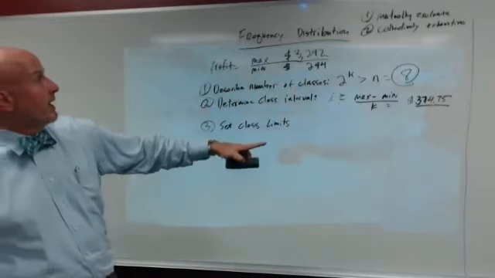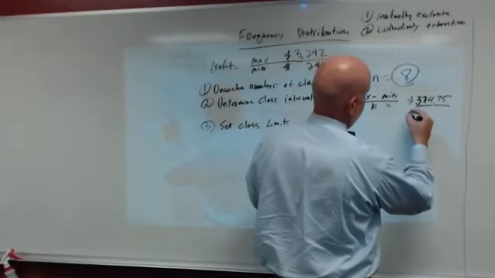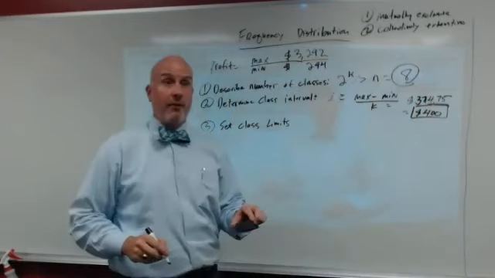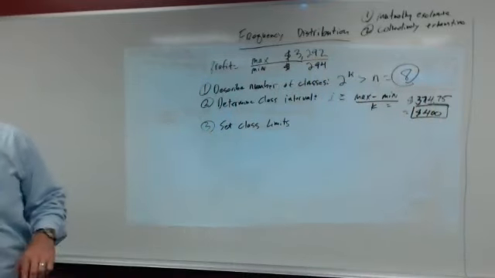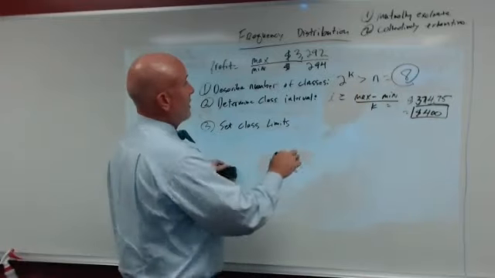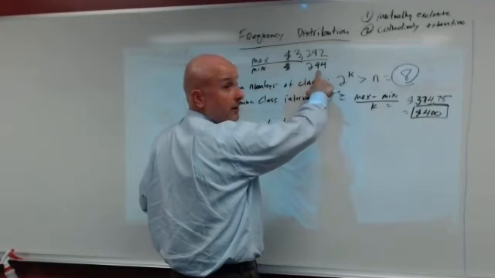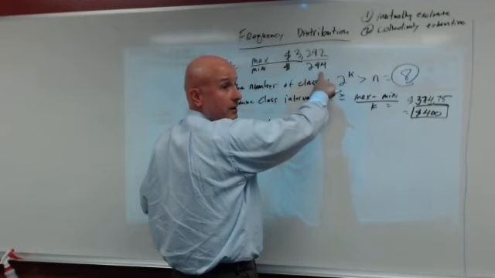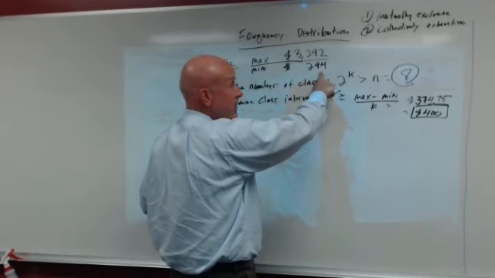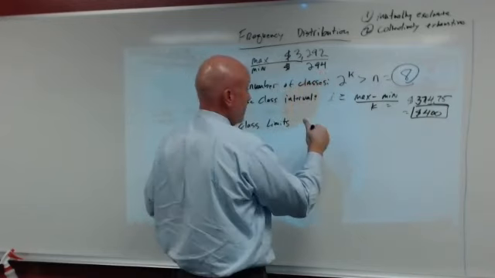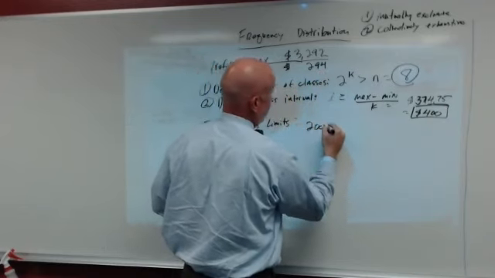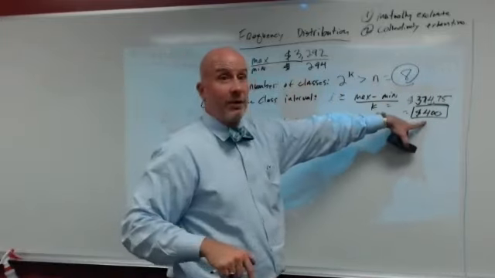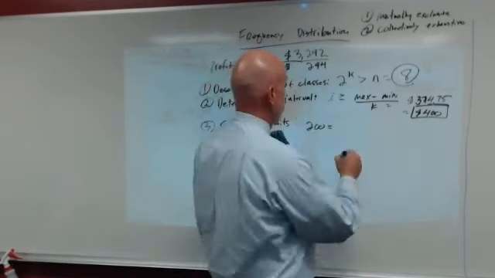So step 3, what is the minimum? We're out of time right now, so I want to be very quick. If I round this to 400, using a $100 limit, what's as low as I can go and still encompass this number? 200. So my first limit is going to be 200. And then I said they were going to be $400 wide.